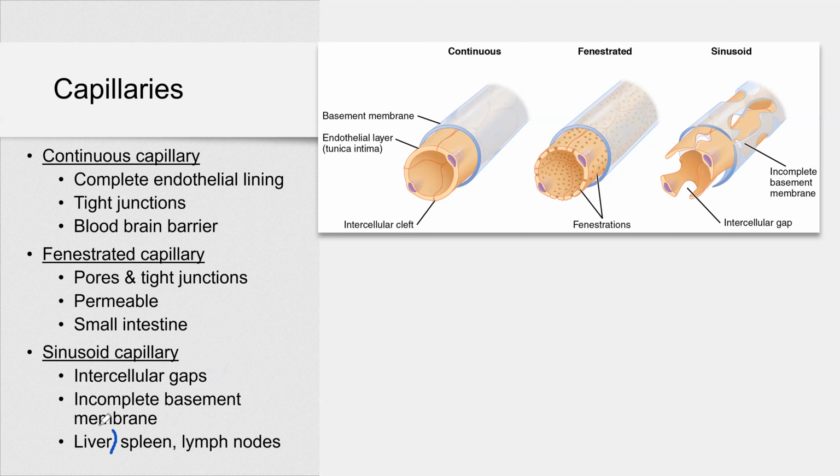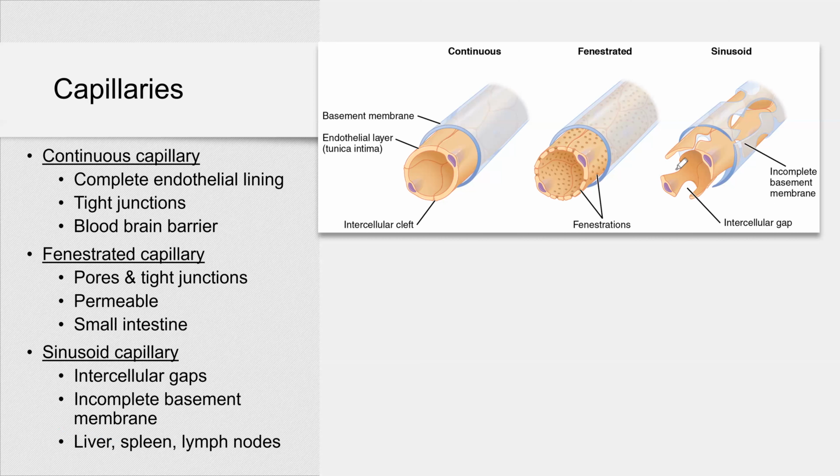Now in the liver, why do you need stuff to move in the liver or spleen? Because these two organs actually get rid of old and non-functioning red blood cells.